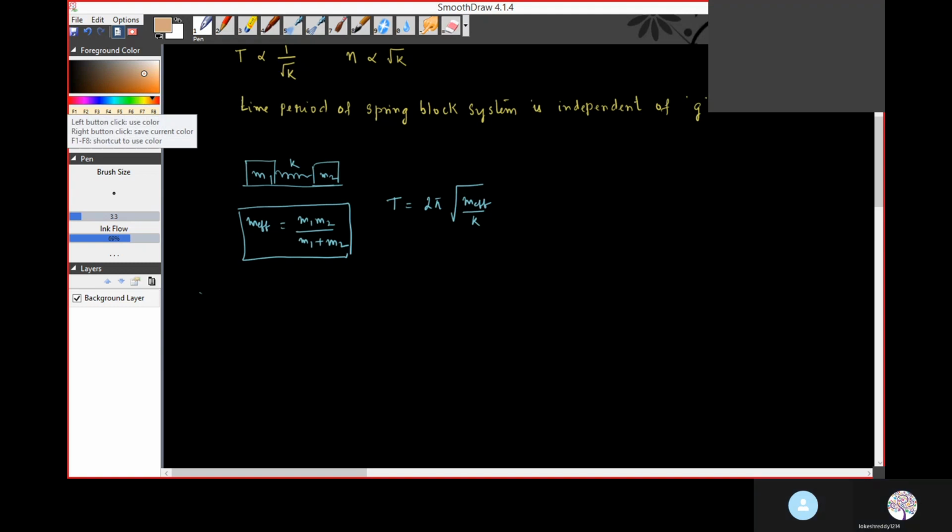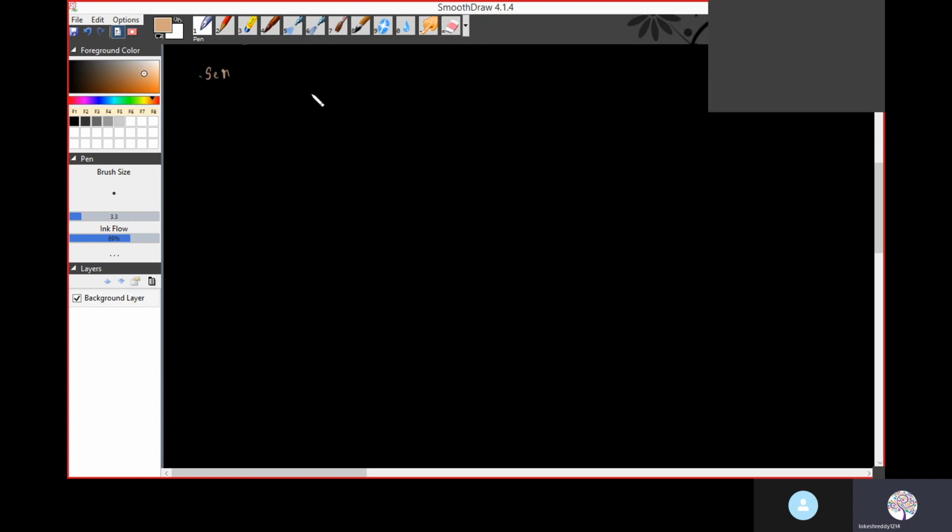Now, what we are going to discuss is series combination of springs. If you have n springs of different force constants connected in series.